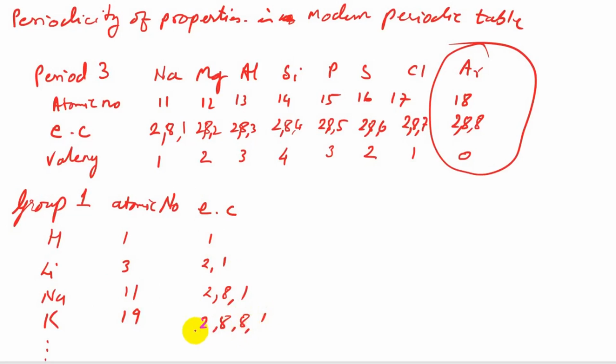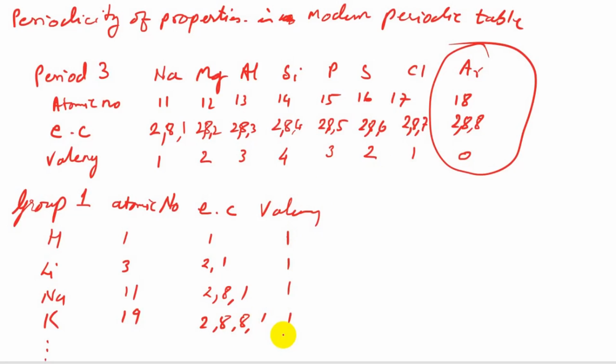This is how you have studied in lower classes also, isn't it? And then comes valency, which is 1, 1, 1, 1. Okay, we just got an idea about a group and a period.